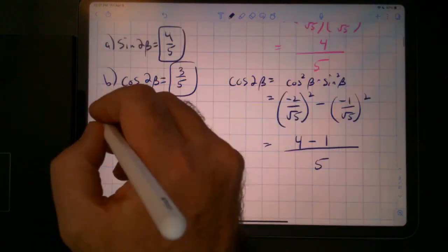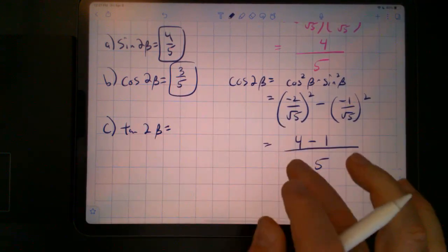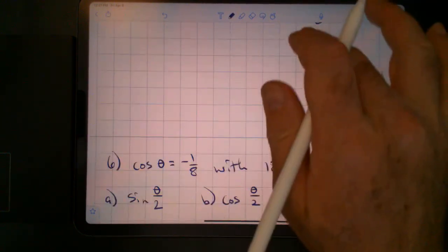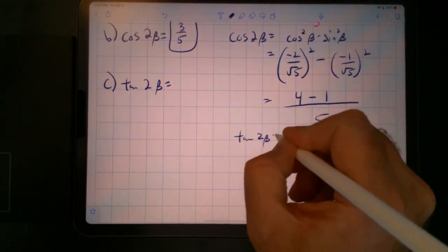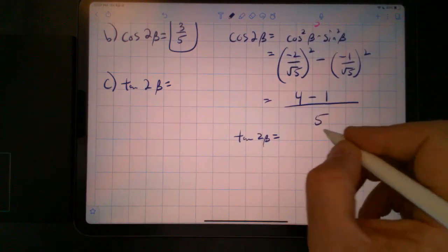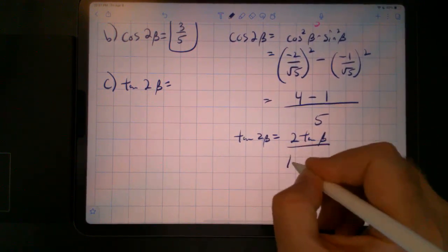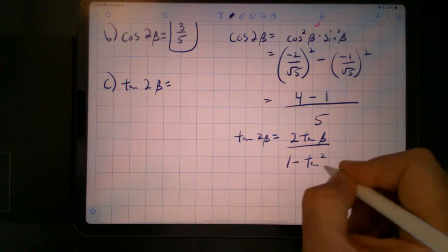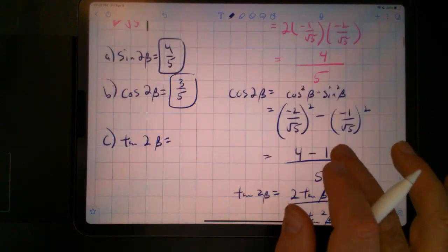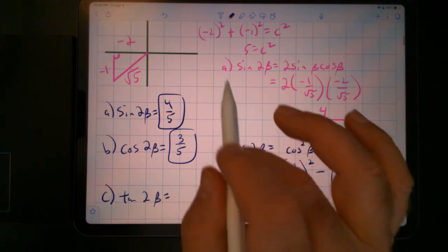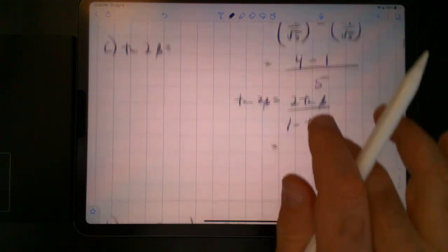And then we need tangent of 2 beta. So tangent of 2 beta is going to be 2 tangent beta divided by 1 minus tangent squared beta. Tangent is going to be opposite over adjacent.